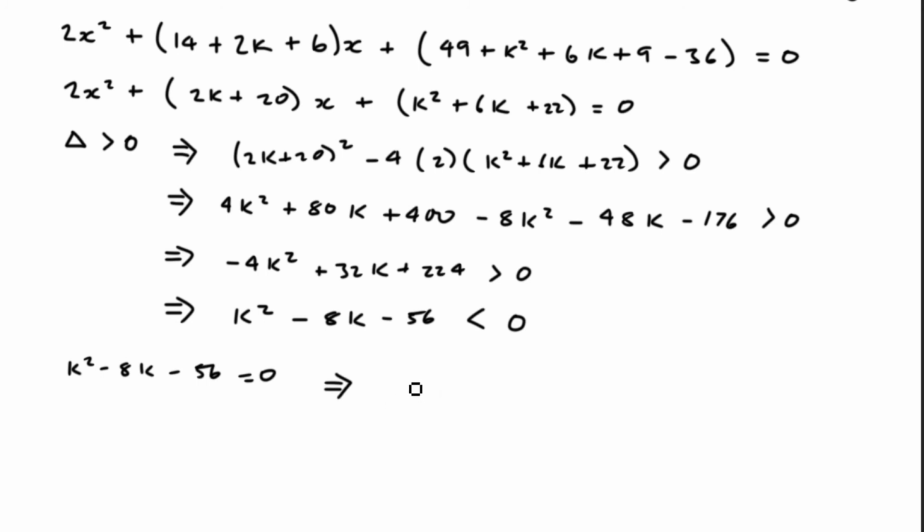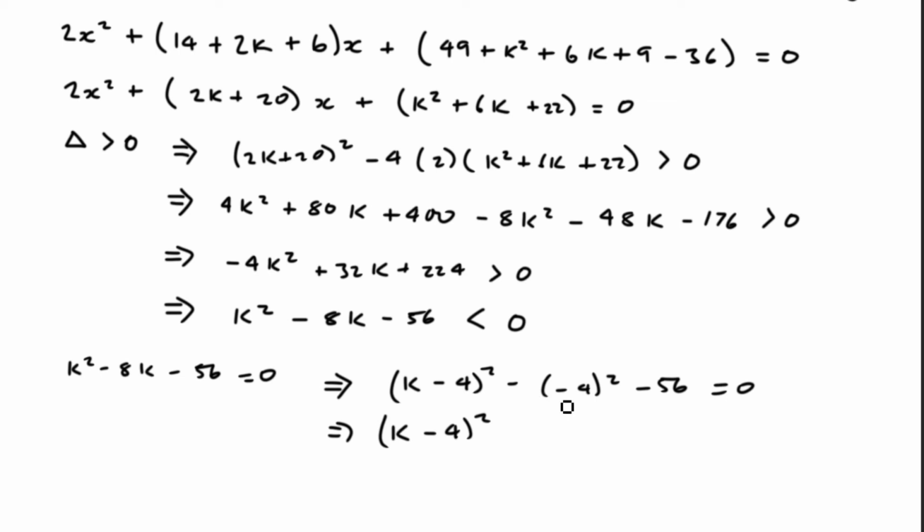Let's do this by completing the square. So we'll have (k - 4)² - (-4)² - 56 = 0. That gives us that (k - 4)², well, (-4)² is 16.